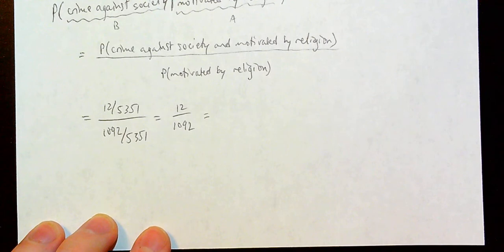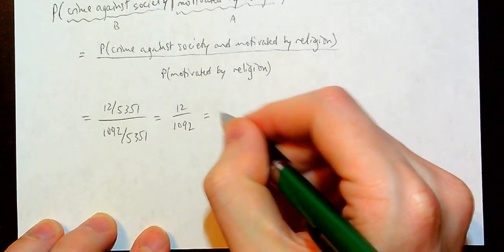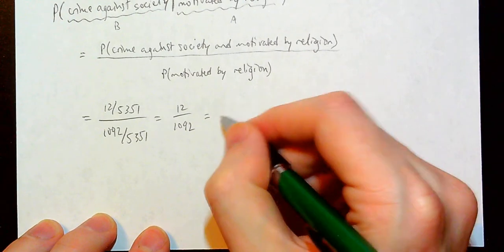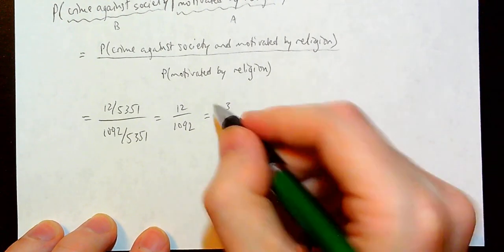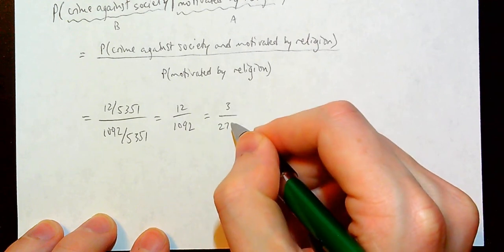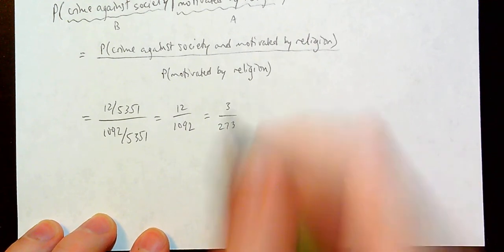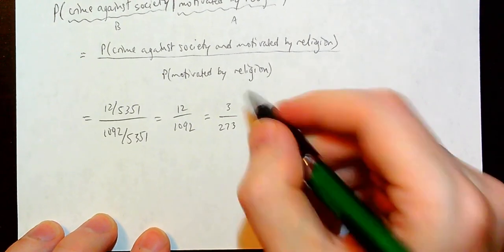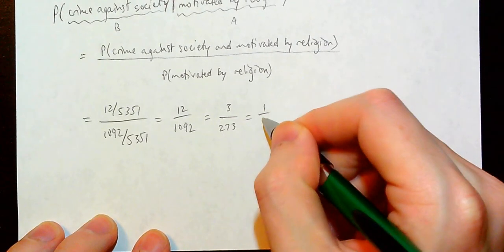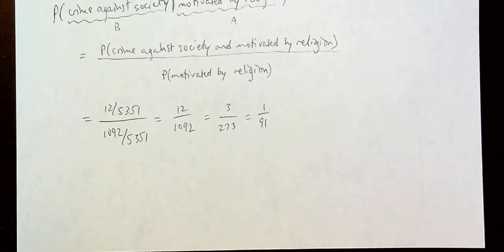If you simplify this out more, 1,092 divided by 4 is going to equal 273. So 12 over 1,092 is the same as 3 over 273. And you can actually break this down even more. This is equal to 1 over 91.